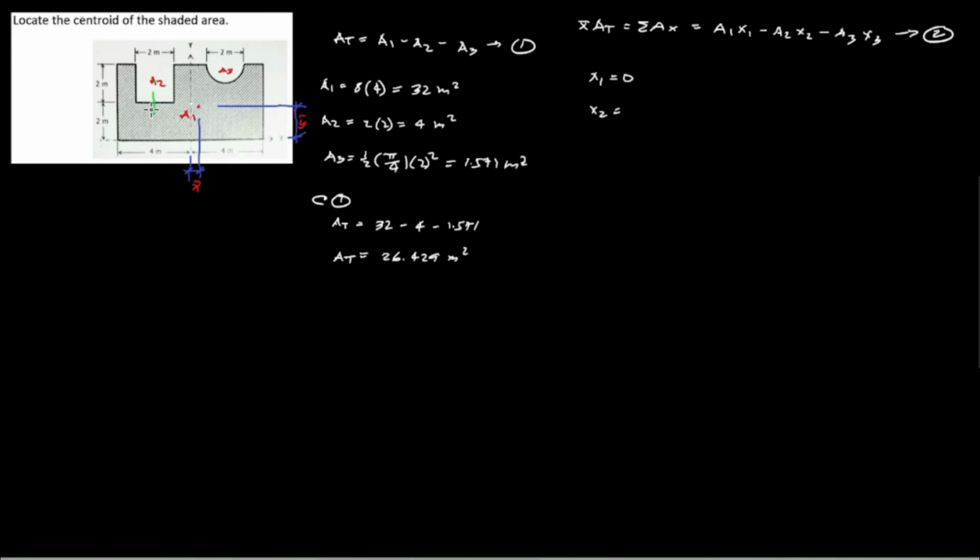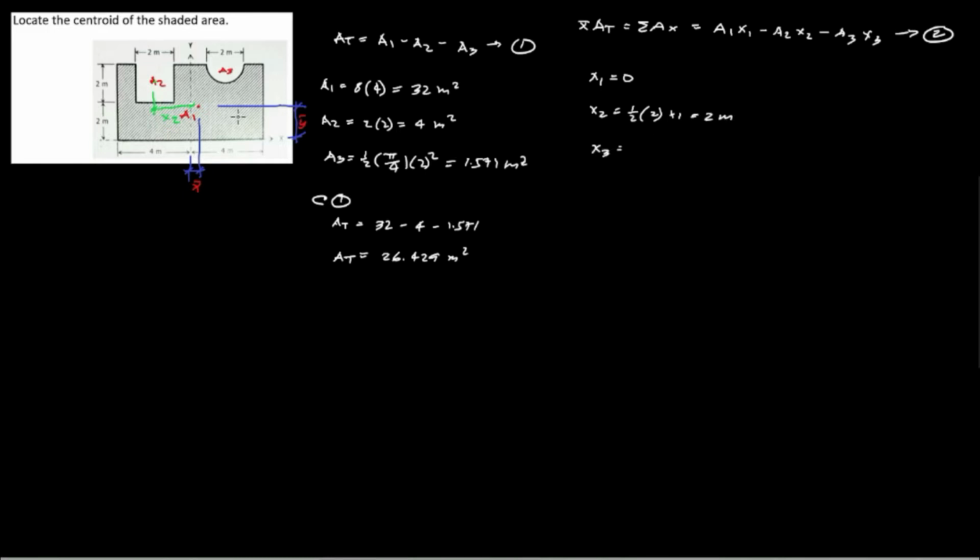The distance up to the y coordinate is x sub 2, which is 1/2 of the base of the square, 2 meters, plus the distance from this point up to the y coordinate, which is 4 meters minus 2 meters, divided by 2, equal to 1 meter. So x sub 2 is 1 plus 1, or 2 meters.